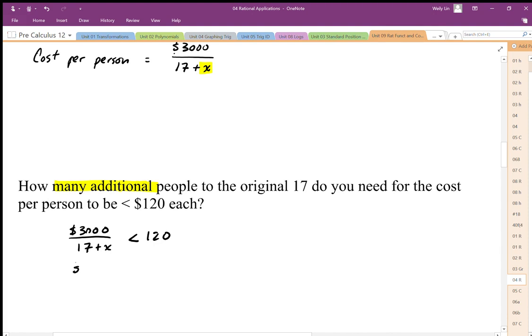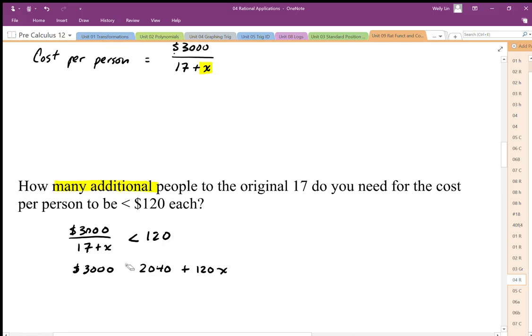So we end up with 3,000 is equal to 120 times 17, which is going to give us 2,040, plus 120x.